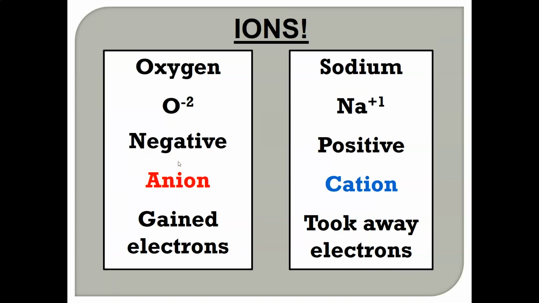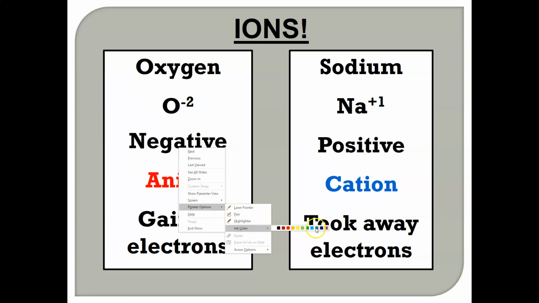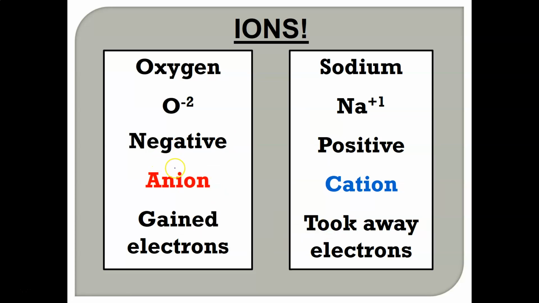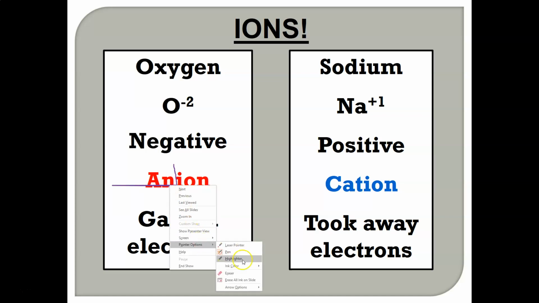So next, we're going to look at what we call these negative and positively charged ions. They have special names. So if it has extra electrons and negative charge, we call it an anion.